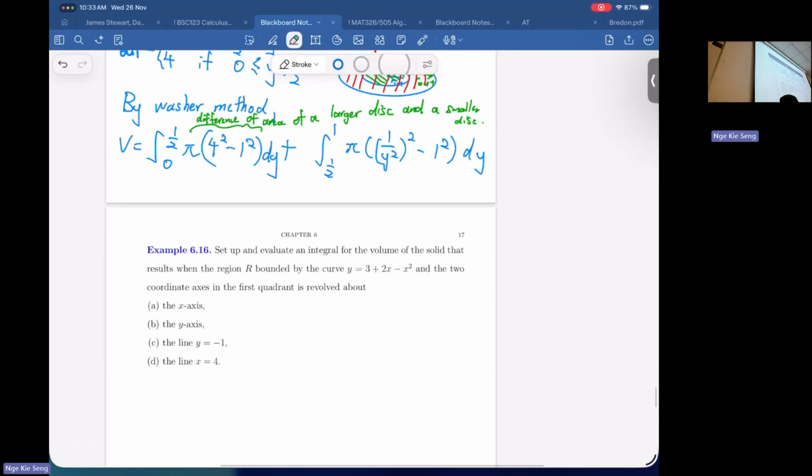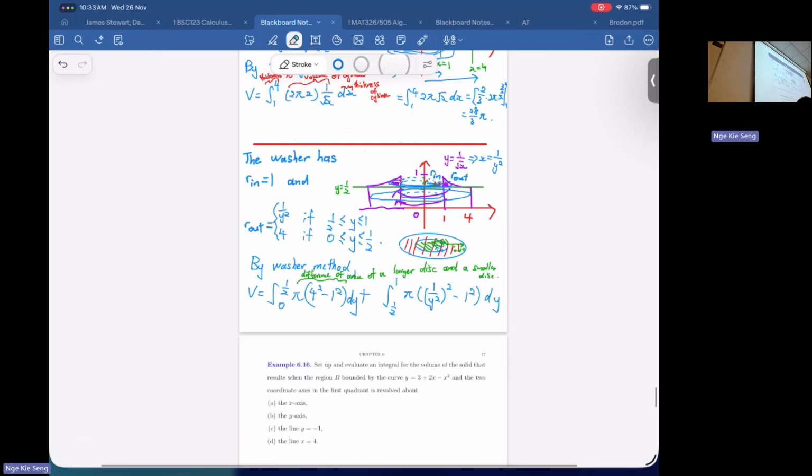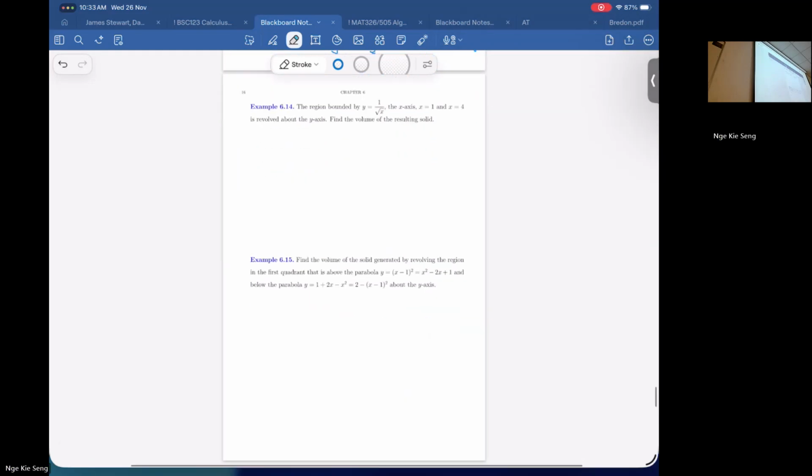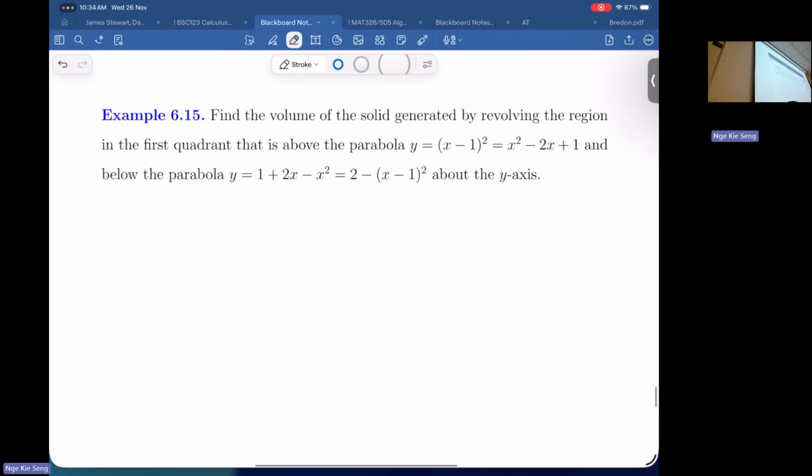Okay, in that case, shall we go to the next question? How about I let you try this? I give you 2 minutes. Setting up the integral is enough. No need to compute the integral. See if you want to use a washer or cylindrical. Try and set up the integral, and then we can discuss.